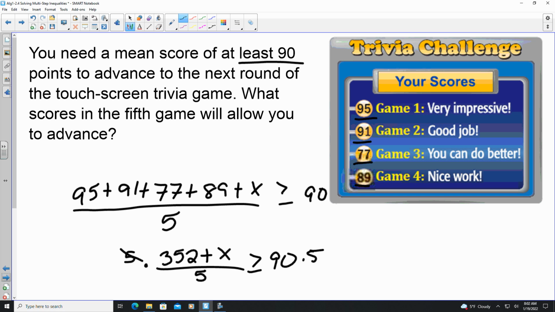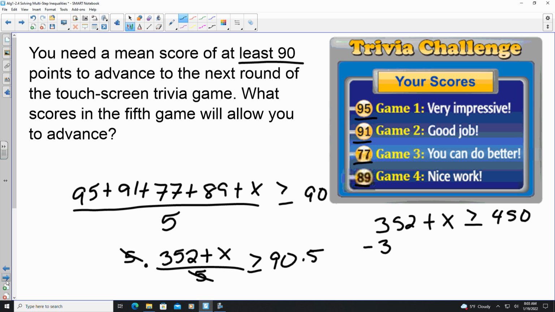So this will cancel on the left side. Now I'm left with 352 plus x, and 90 times 5 is 450. So it's a much cleaner inequality problem. We're not dealing with fractions. I know fractions can be a little bit scary and intimidating.